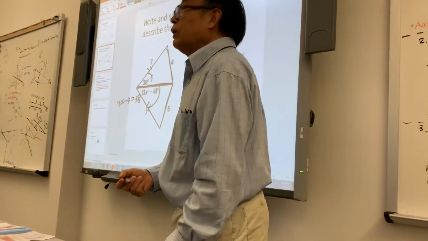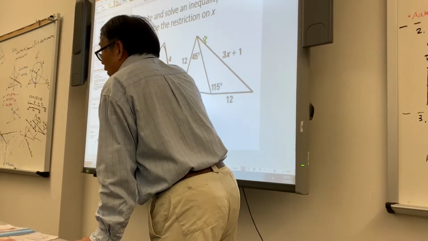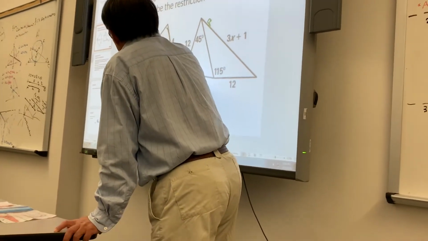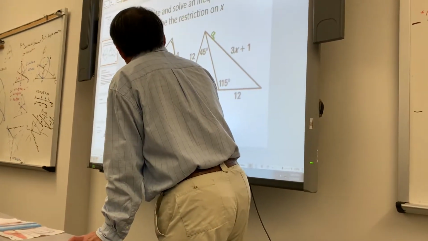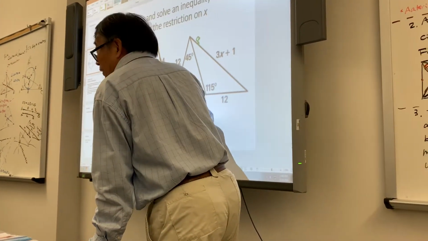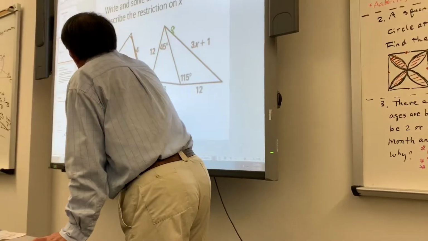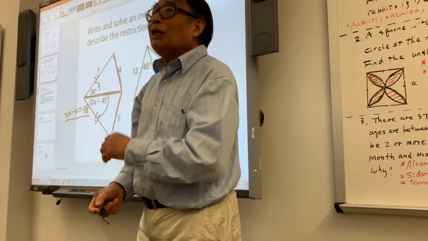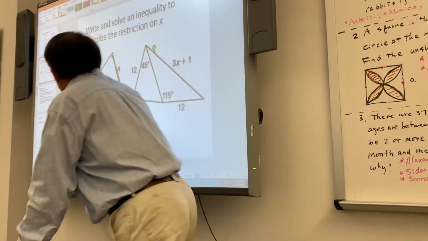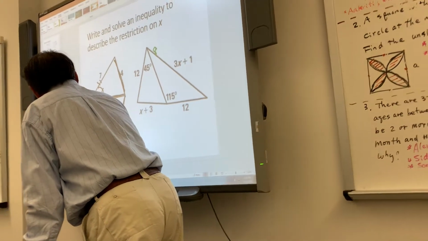So because this side equals this side, the two triangles have two corresponding sides congruent. This opposite is 5, this opposite is 4, so this opposite angle must be bigger. So 3x minus 4 is greater than 38. Is that okay for everyone, please? Good. So you get 3x is 42, x is 14.